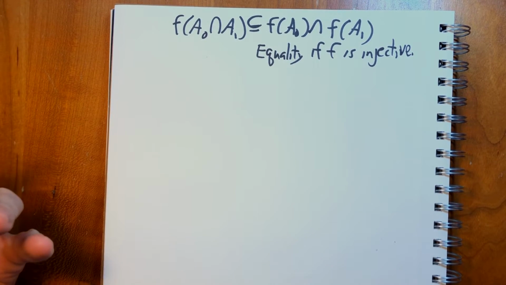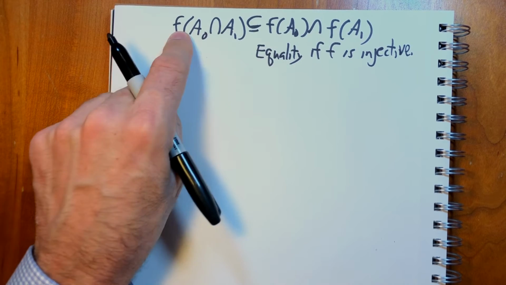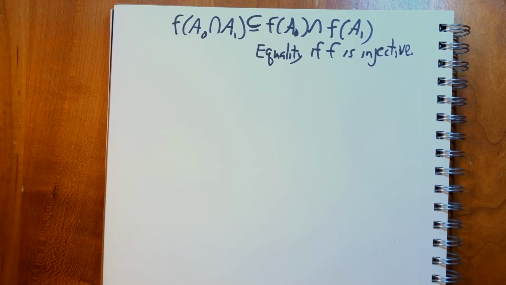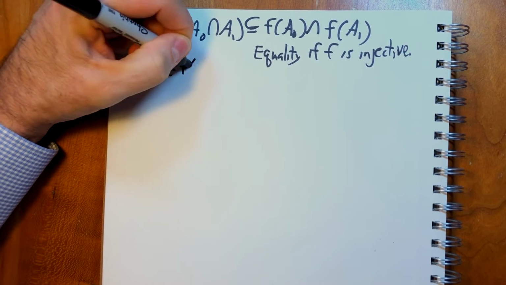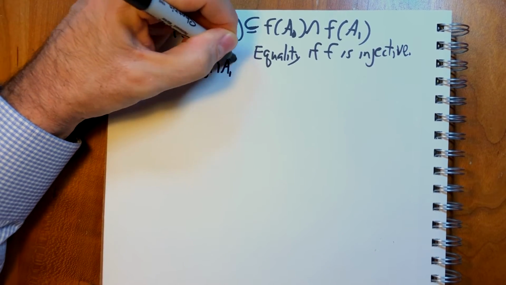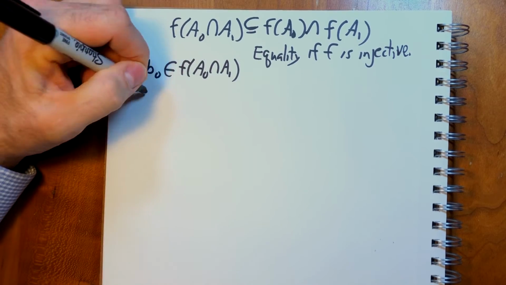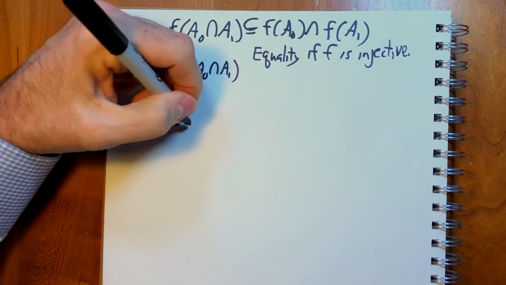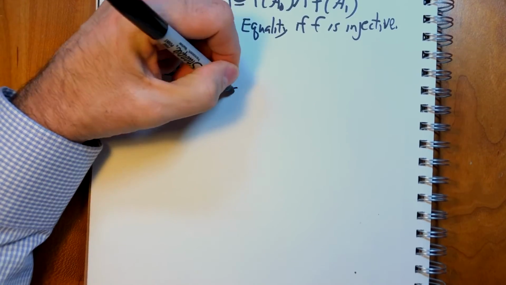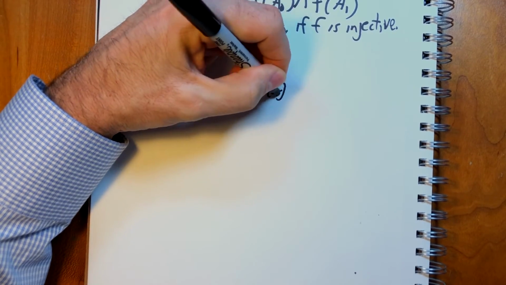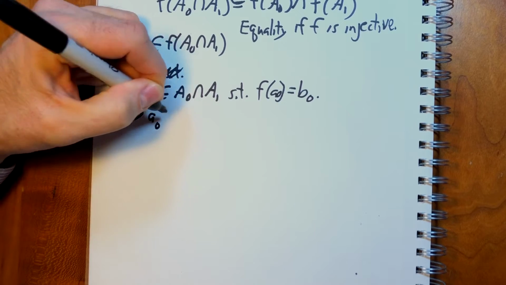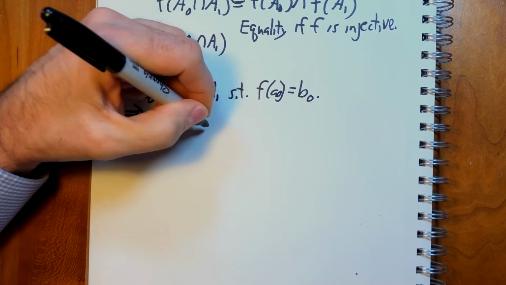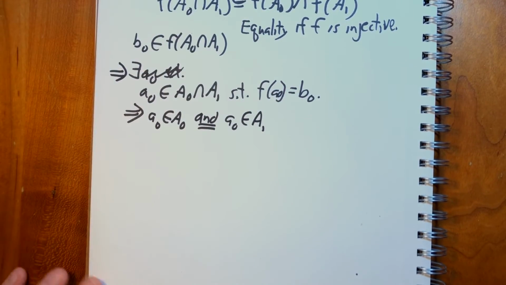So again, the intersection of A0 and A1 may be empty, in which case there's nothing to prove. But if not, let b0 be an arbitrary element of the image of the intersection of A0 and A1. That means that there exists an a0 which is inside the intersection such that f of a0 equals b0. That means that a0 is an element of A0 and an element of A1.